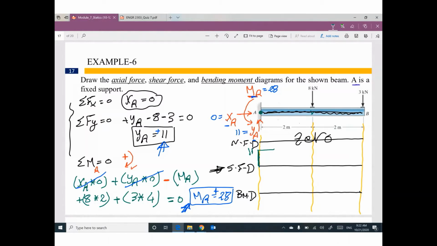Do you have anything here? No. Keep walking. You are at 11, and the value stays 11 until you reach this point. I have 8 going down, so I'm going to go down 8.